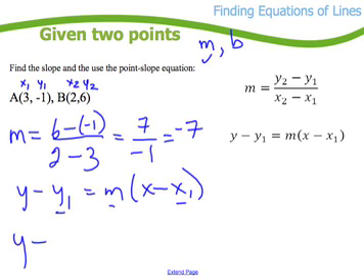Okay, so y minus the y value, oh, I've got 2 y values. Which one do I use? Turns out that it doesn't matter. You can use either of them, and you might want to try both of them and make sure you get the same answer. Let's use this one. y minus a negative 1 is equal to the slope, negative 7, times x minus the x value, a 3.